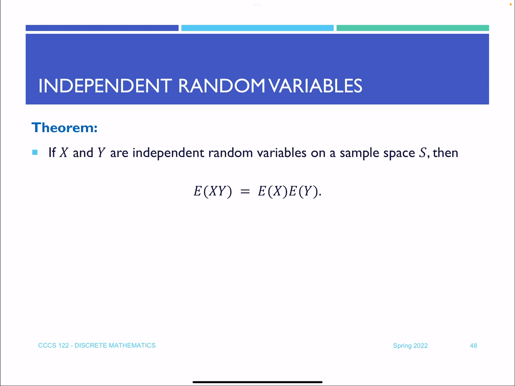If x and y are independent random variables on a sample space, then we can conclude that the expected value of xy is equal to the expected value of x multiplied by the expected value of y.